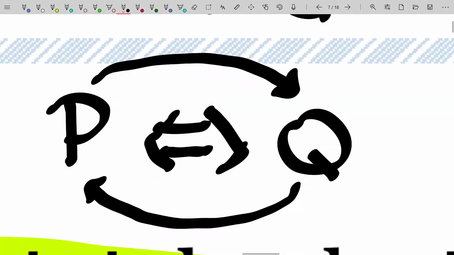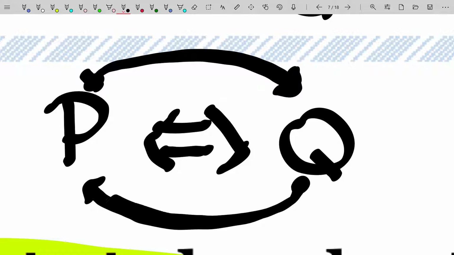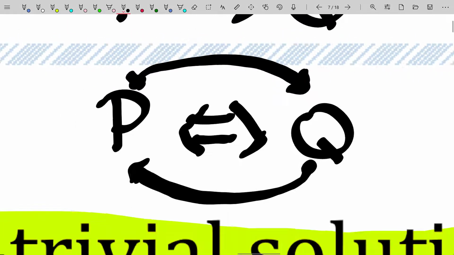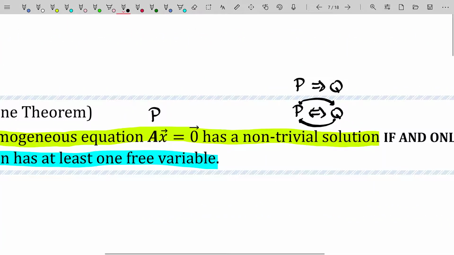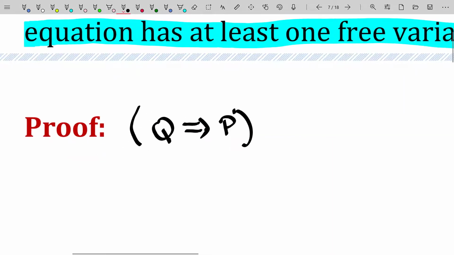However, with a bijection, you don't just go one way, you have to prove if P is true, then Q is true, and then you have to prove if Q is true, then P is true. So you have twice the amount of work when working with a bijection. So in this proof, I'm going to go ahead and start backwards. I'm going to prove if Q is true, then P must be true, only because I'm going to use a different proof style going forward, if P, then Q. So I tell the world right now, I'm going to prove if Q, then P.